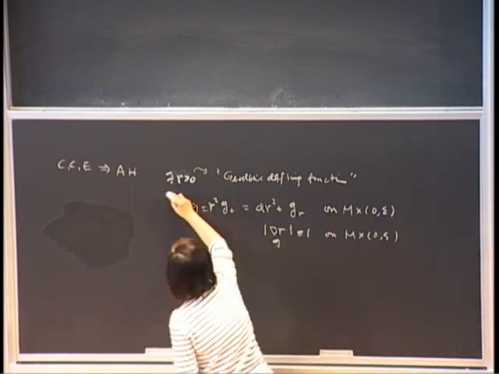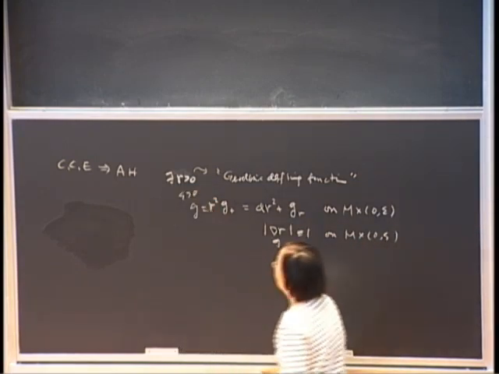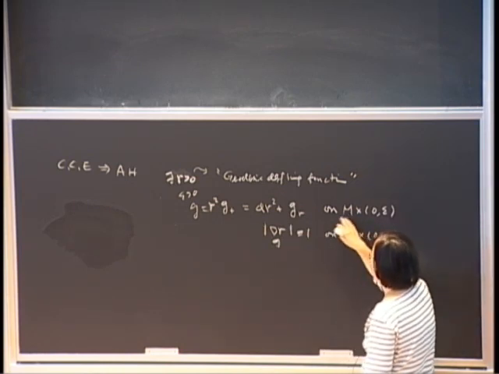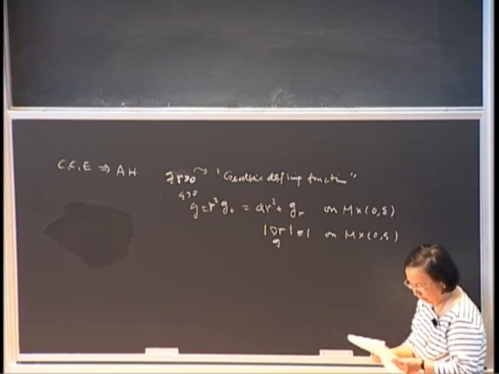So I should say there exists epsilon positive such that this is true. So in an asymptotic neighborhood of M, it's totally geodesic.